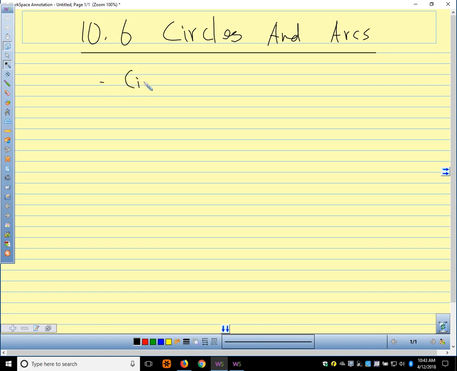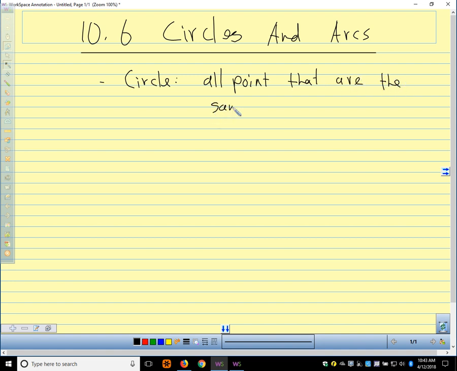So a circle, the way we define it, is all points that are the same distance from a point called the center.